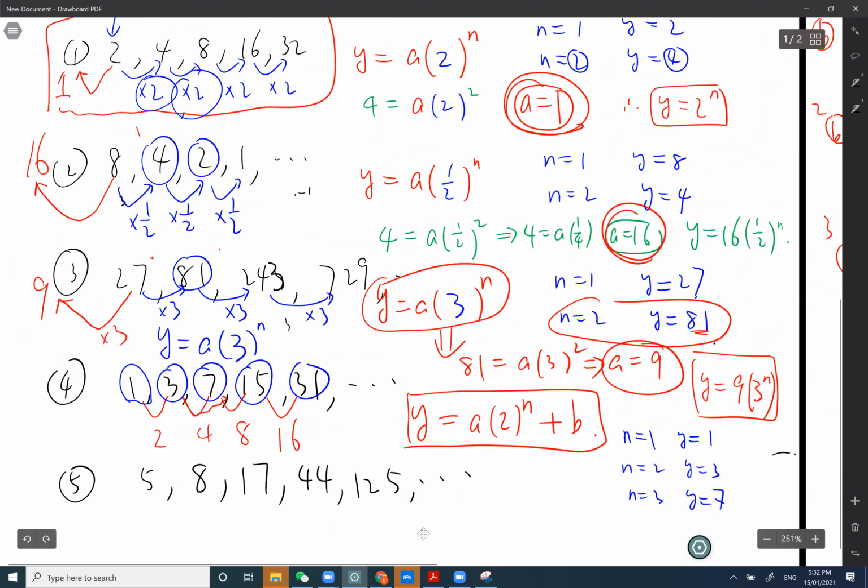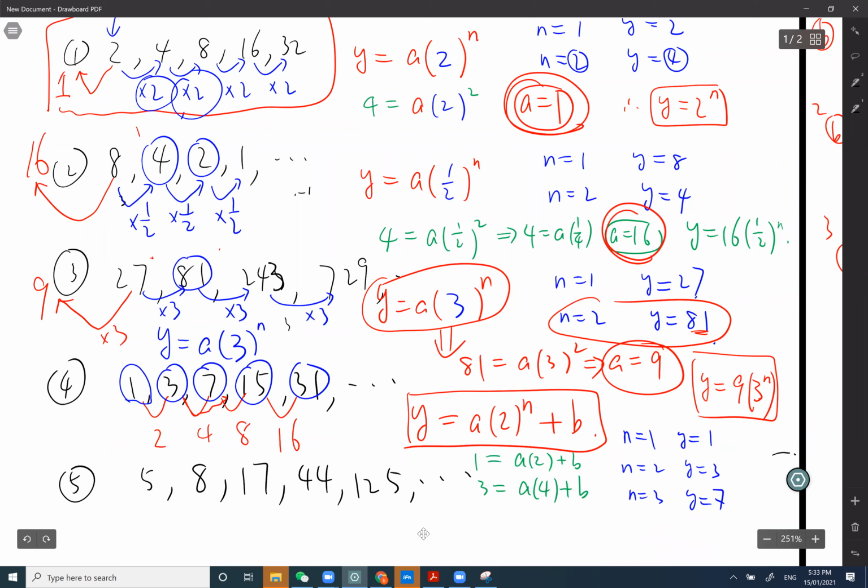How we use this information to find A and B? After one step or two steps, the question changed to year 10, hard simultaneous equation. If n equals 1, 1 equals. N equals 2, 3 equals.